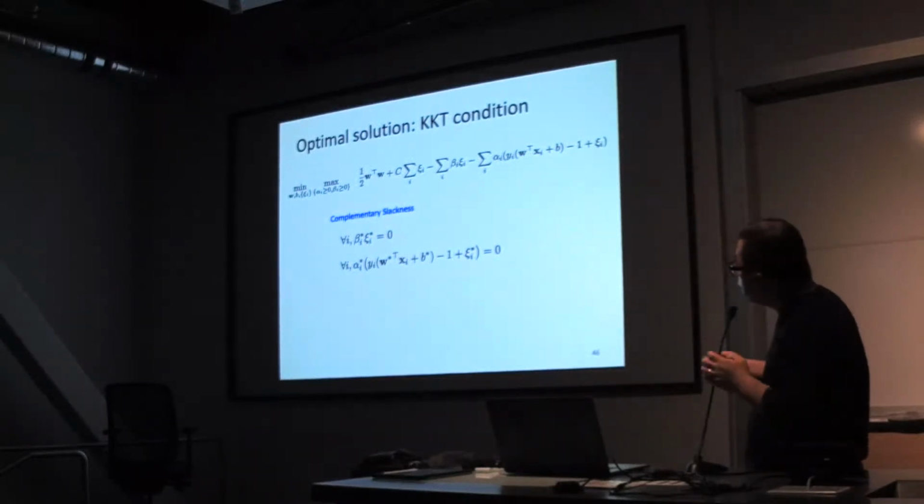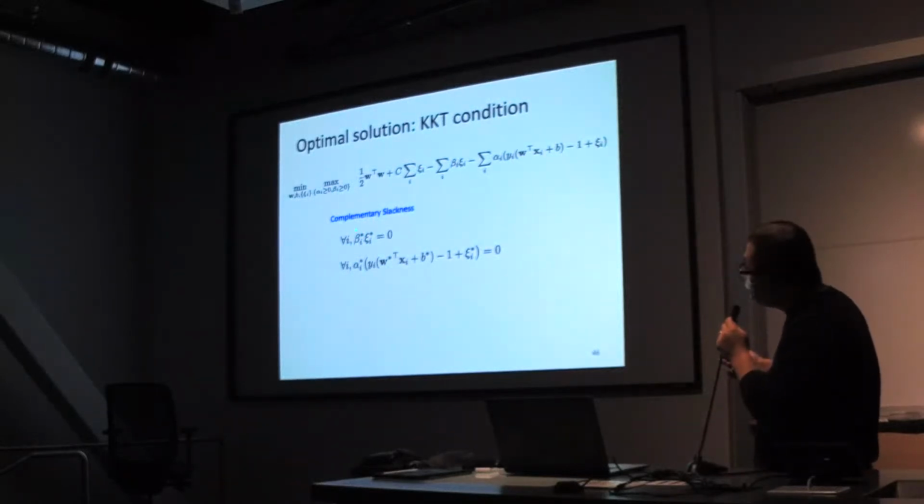How can we do that, right? So first, let us look at the complementary slackness. We know that for the optimal Lagrange multipliers alpha_i star and beta_i star for each training example i, the product between them and their corresponding constraint functions is 0.